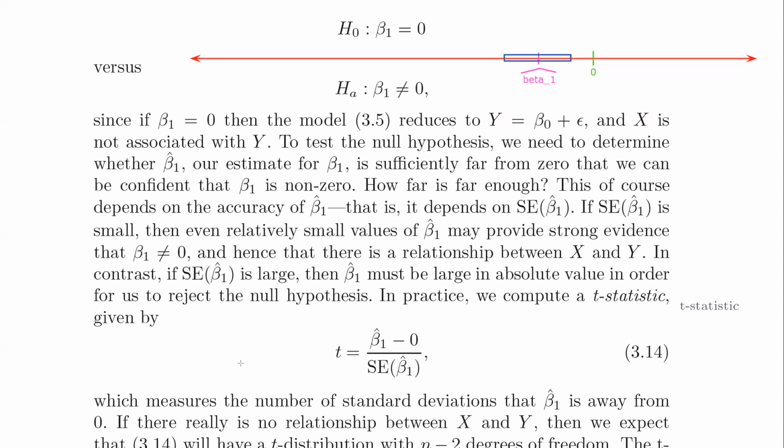On the other hand, you could end up with a situation where this is your confidence interval. Now it includes 0. So there is less evidence in favor of an actual relationship between x and y, because now 0 is in here.